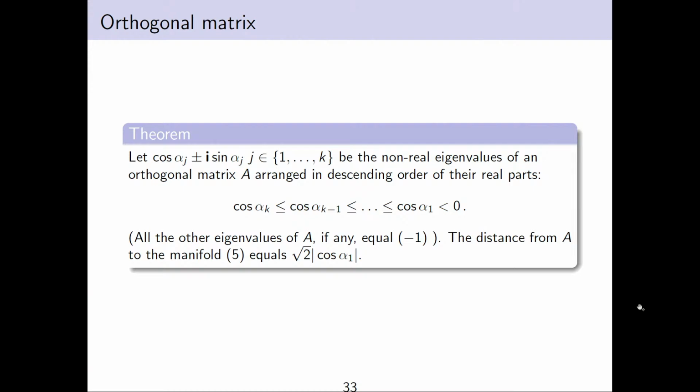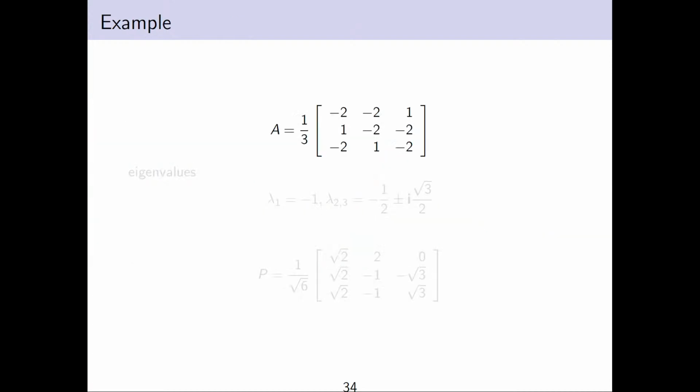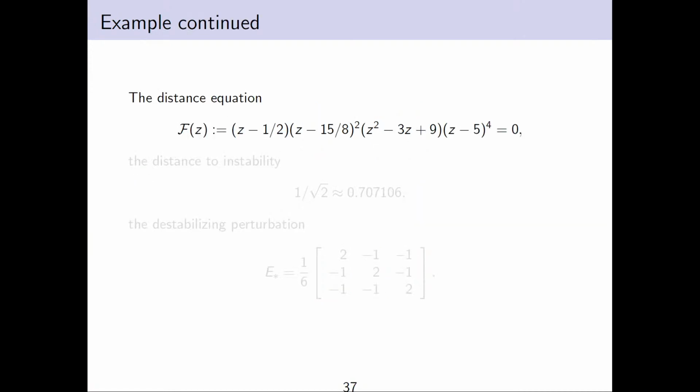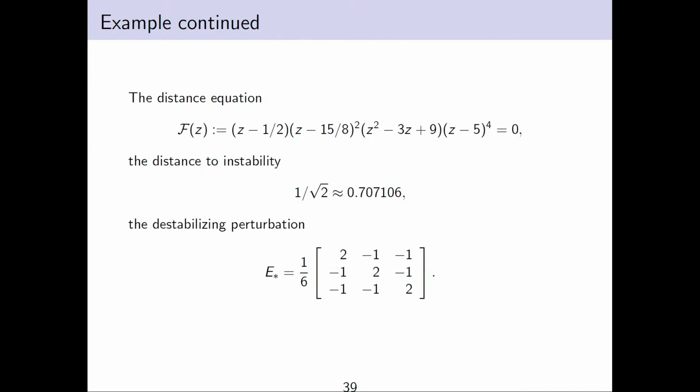And in this case, it is the distance to instability. Here is an example. Given orthogonal matrix, its eigenvalues, matrix P, the distance equation, the distance to instability that we have found, and the destabilizing perturbation.